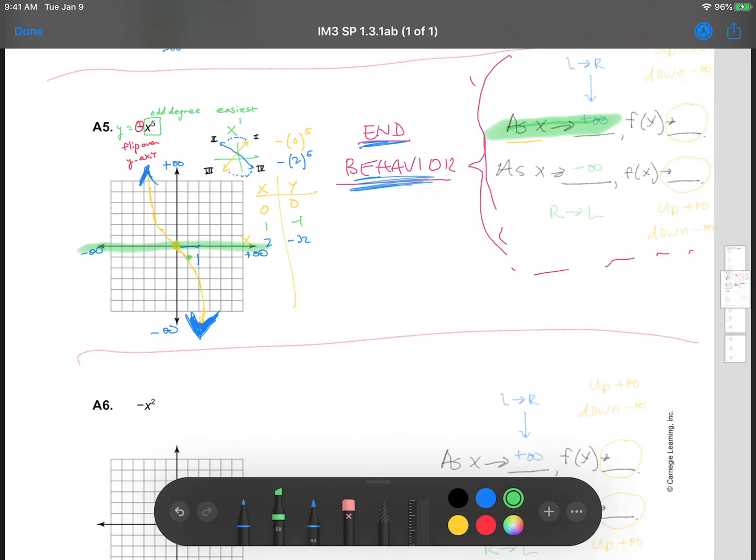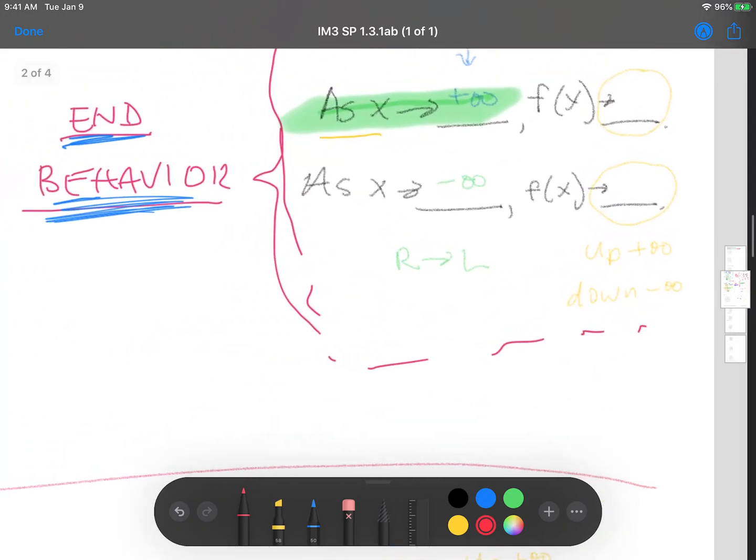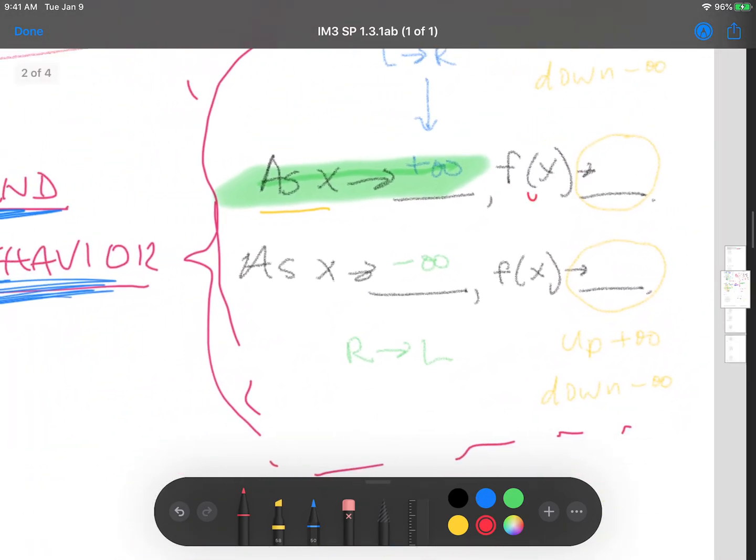So as we go from left to right, what's happening to my graph? I can draw these lines. So as I'm going towards this direction, what happens to that arrow? The arrow is going down. So it says f of x, or the y values, are going down. So we're going to write negative infinity as my answer.